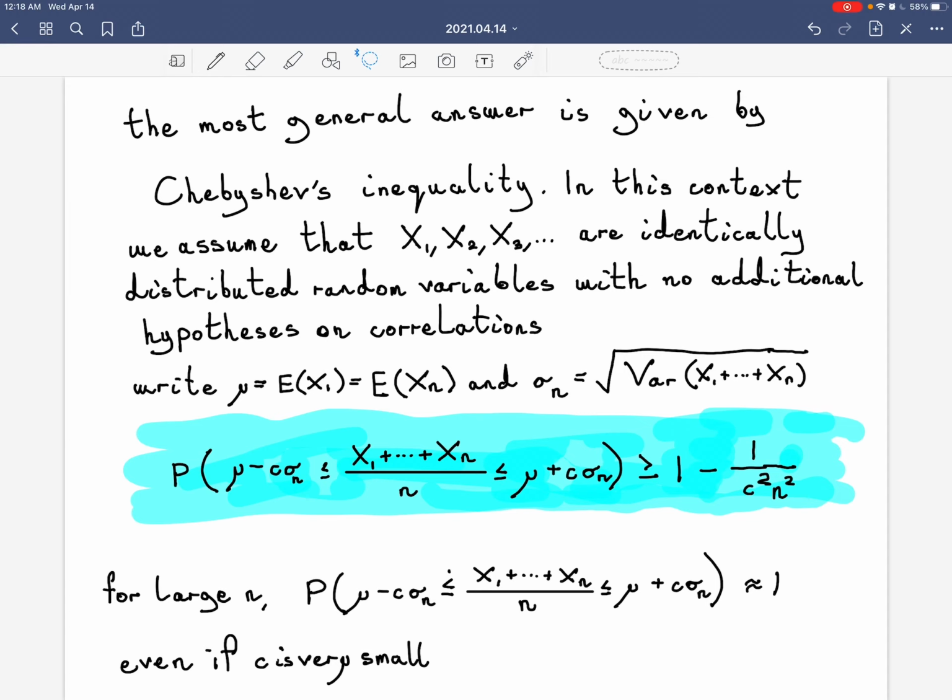There's a lot of information in the teal equation, but it has a very clear interpretation. You're asking for the probability that what's called an empirical average falls within an error interval around the mathematical expectation.